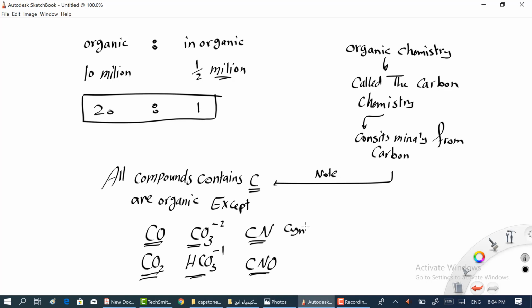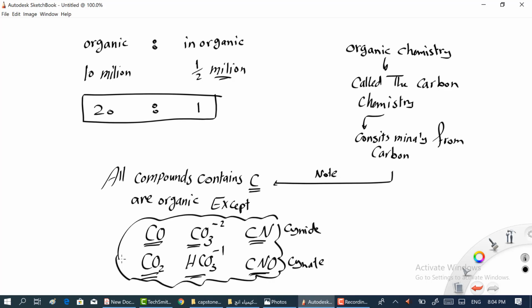Compounds and radicals, only these 6 that have carbon, are not organic compounds.